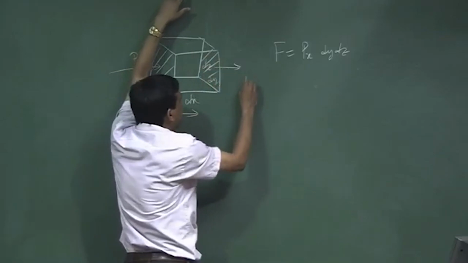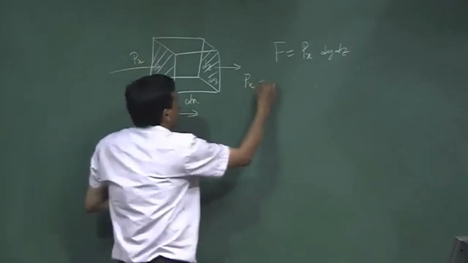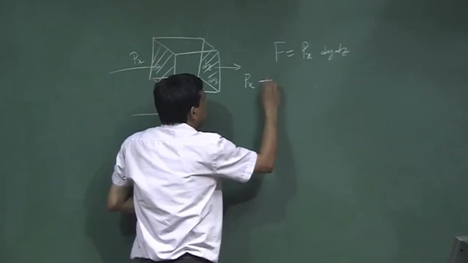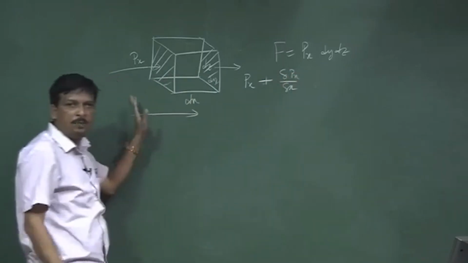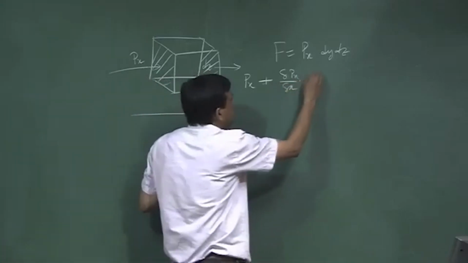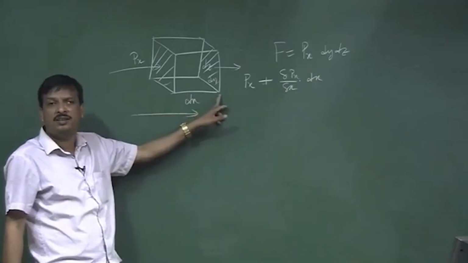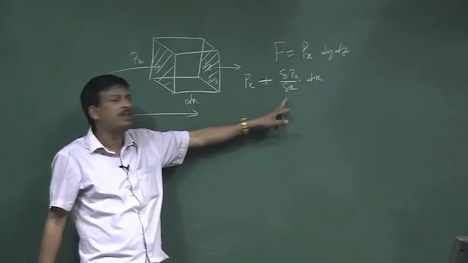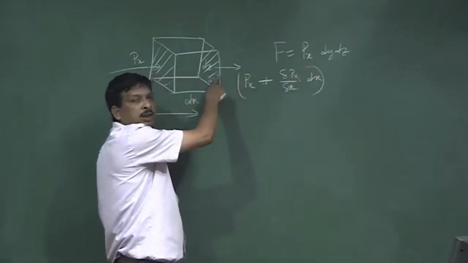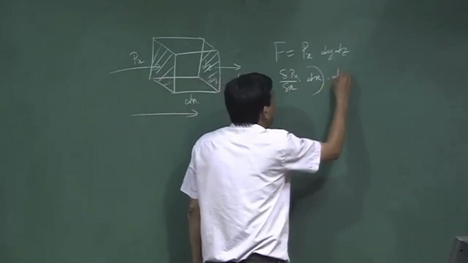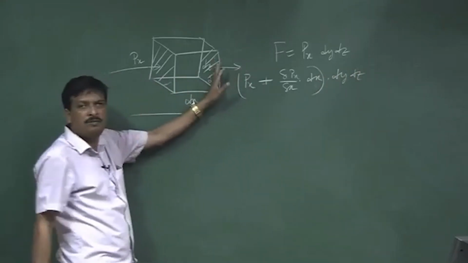That pressure is Px plus the change of pressure, that is, del Px by del x, the rate of change of pressure in the x direction, multiplied by the distance dx, because I have to travel from here to here, a distance dx. So, the pressure at this boundary, multiplied by the same area, gives the force acting on this plane.